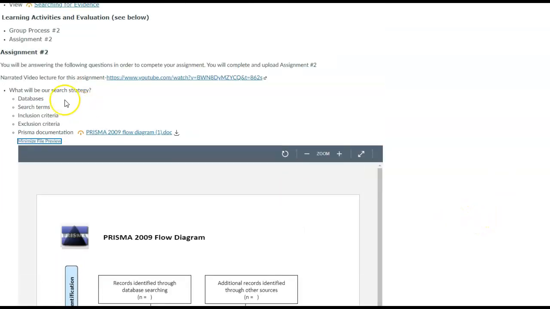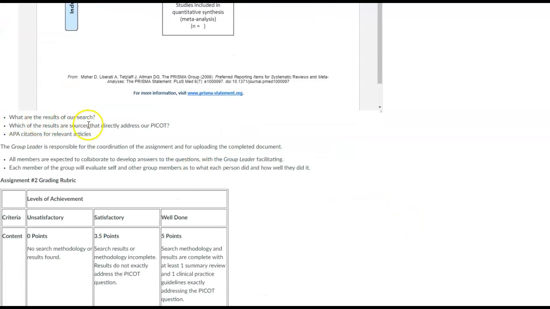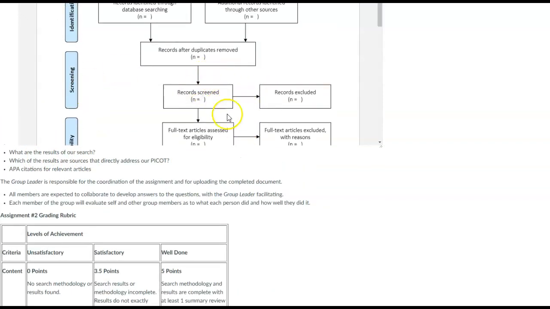Again, databases, search terms, inclusion, exclusion, results of the search, which is kind of a little summary of this PRISMA. Which of the results related directly to our PICOT? Then you're going to say what you're putting in your evidence table in a narrative form, and then you have the evidence table as an appendix, and then your APA citations.